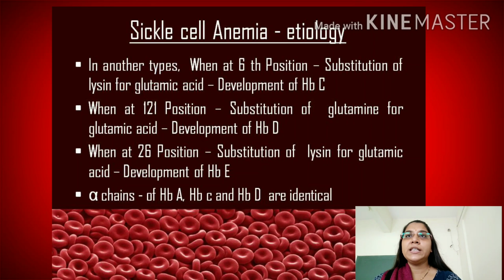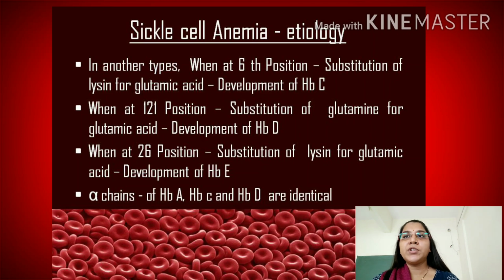If there is a different substitution, at the 6th position, if lysine is substituted in place of glutamic acid, then HbC, hemoglobin C, develops. If there is a change at the 121 position for glutamic acid, then HbD develops. Here the replacement is glutamine for glutamic acid.